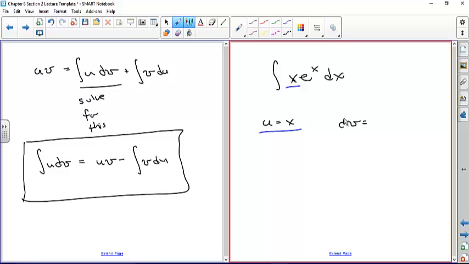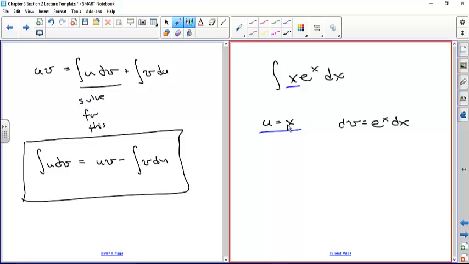So dv is e to the x dx. So this becomes the integral of u dv. Now, I have to calculate a du because I need that here, and I need to calculate a v because I need that there, but it's not that hard.